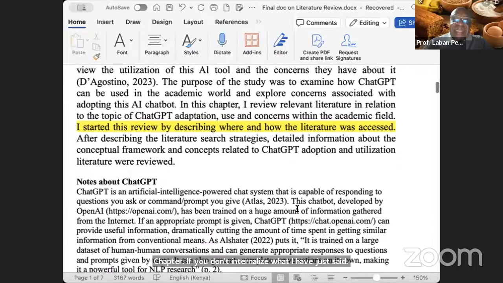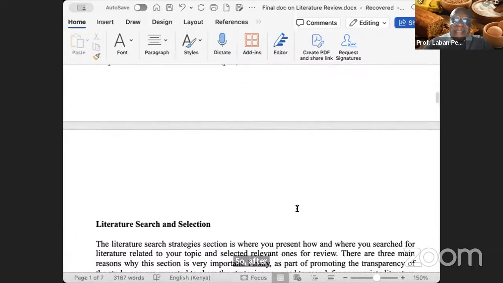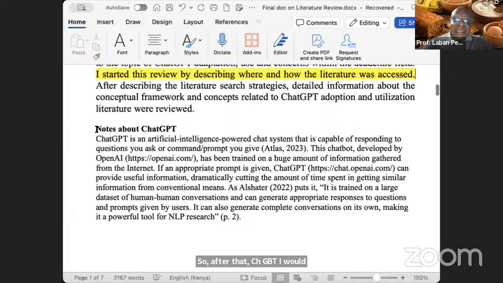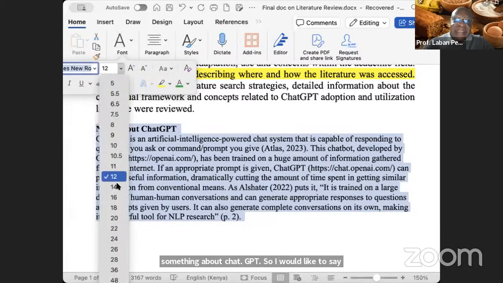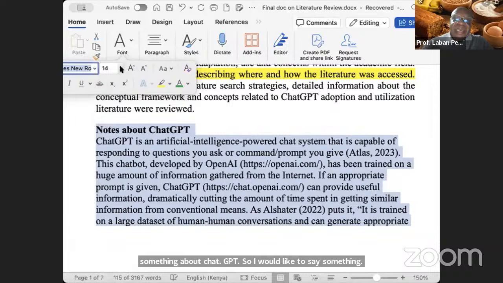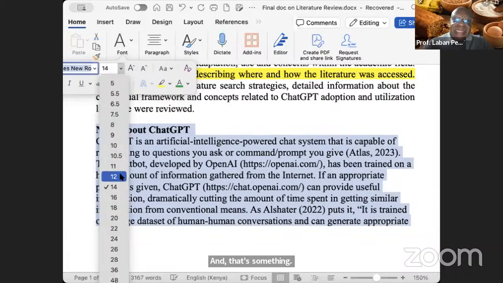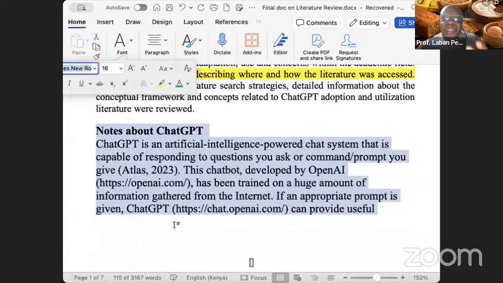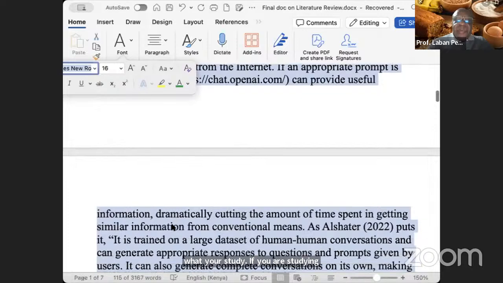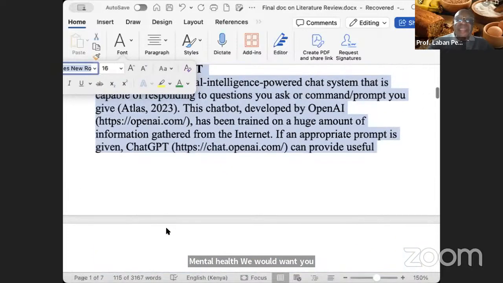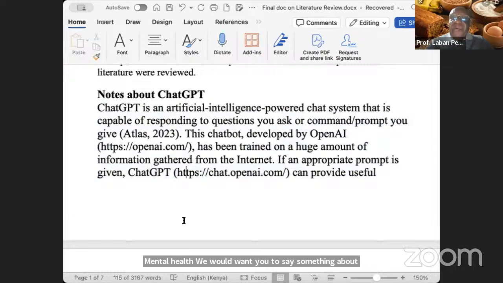So after that, I would like to say something about ChatGPT in my overview, in my introduction. I will write it still in my overview. And I don't know what you are studying. If you are studying mental health, we will want you to say something about mental health very briefly in the overview here.